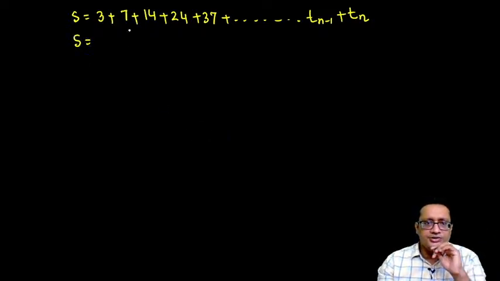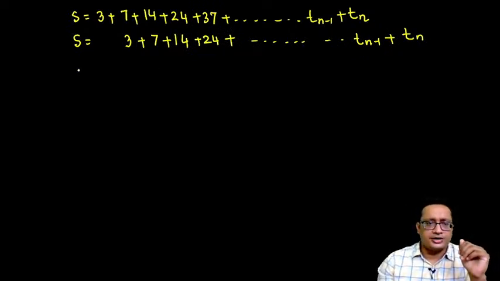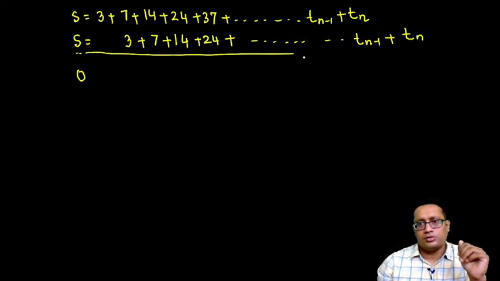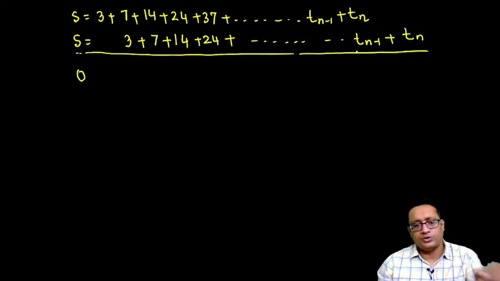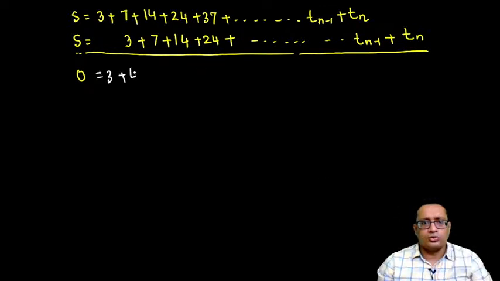So write like this: 3, 7, 14. Shift it so the second term goes to the third term, 14 is the third term, comes below, and Tn shifts to the right side. Now you subtract. After subtraction, just check what you will get. It becomes 3, this becomes 4, this becomes 7, this becomes 10, this becomes 13, and so on.